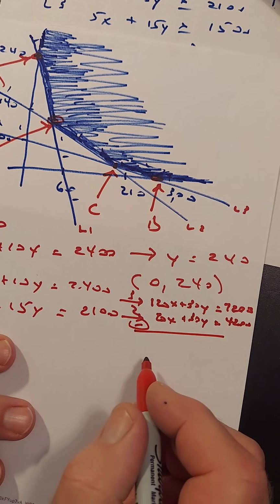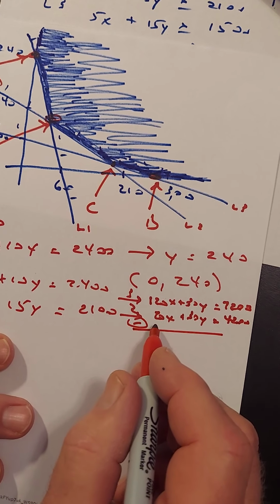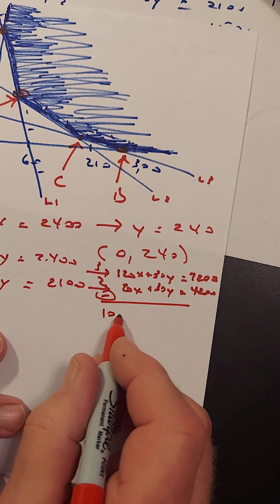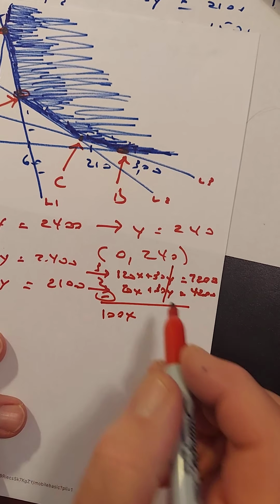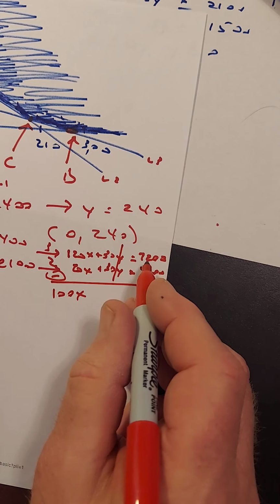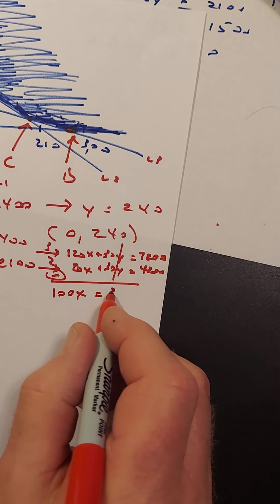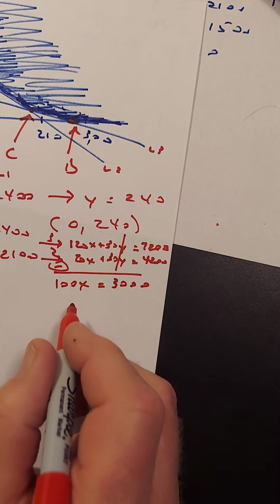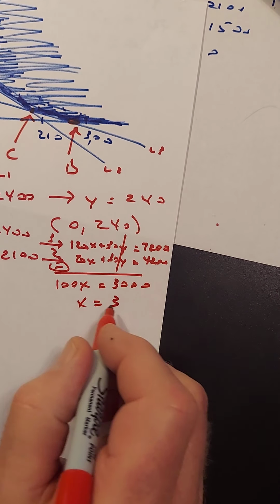And we'll subtract. 120 minus 20 is 100x. The 30y's drop out, and 7200 minus 4200 is 3000. X is going to be 30.